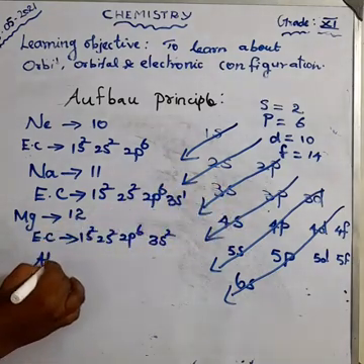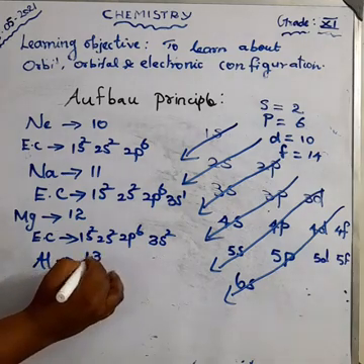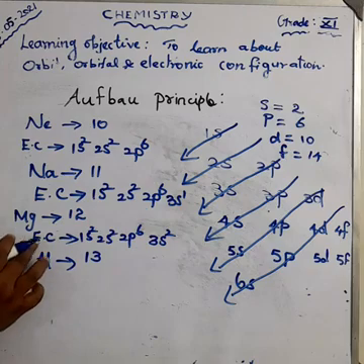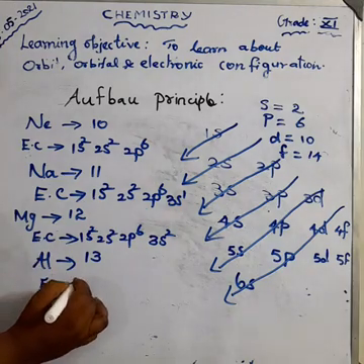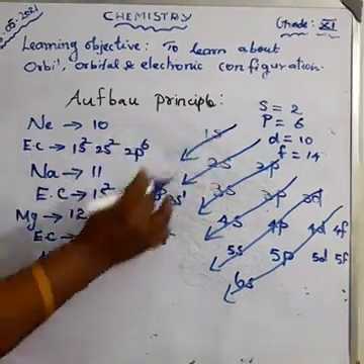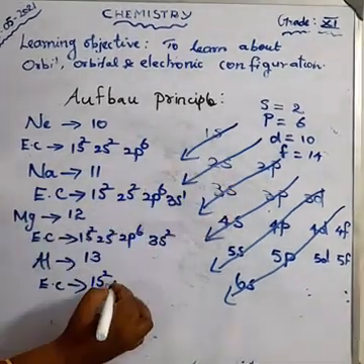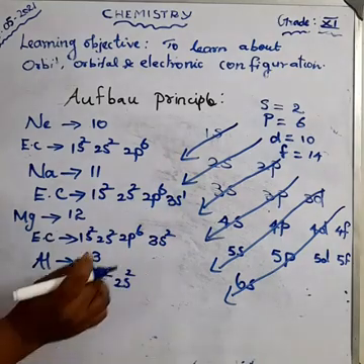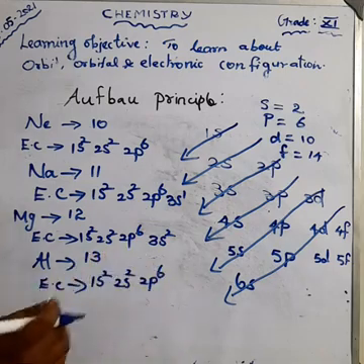And then aluminium, atomic number of aluminium 13. So electronic configuration for aluminium: 1s2, and then 2s2, and then 2p6.